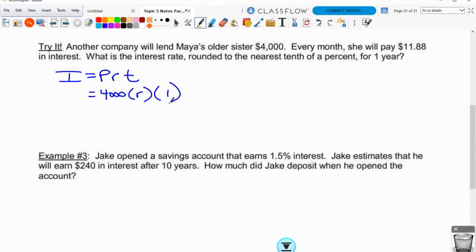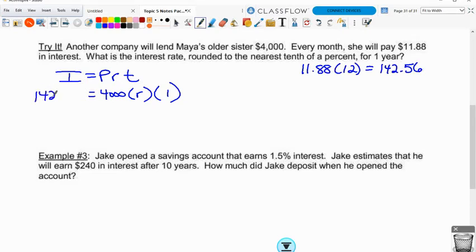Okay, so again, we need to figure out how much interest she's going to pay in 1 year. They tell us that every month she'll pay $11.88. So to get that in the number of years, take $11.88, multiply it by 12, and that would give you $142.56 in interest.